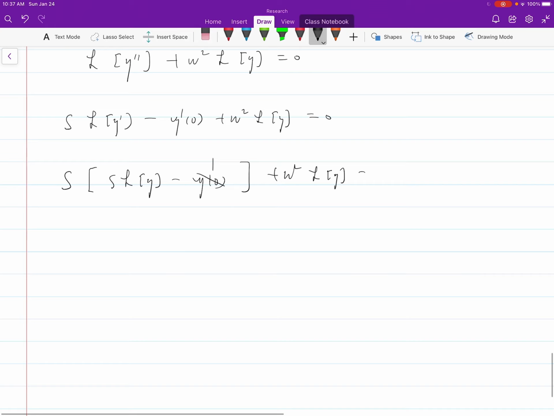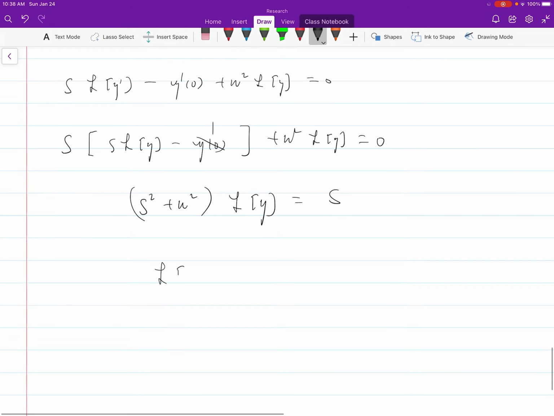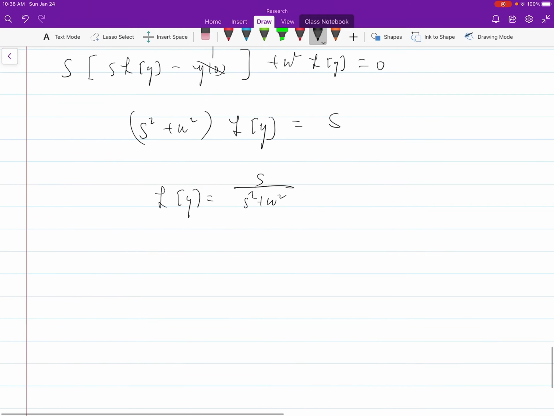Therefore, we can finally have Ly equals s over s squared plus omega squared. That is going to be the second part of the formulas we need.